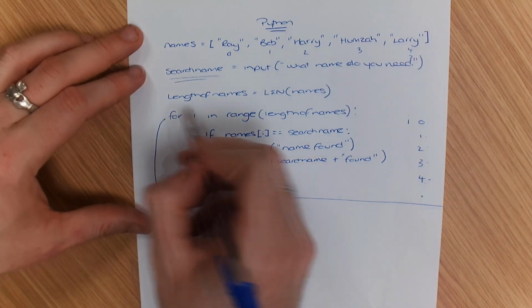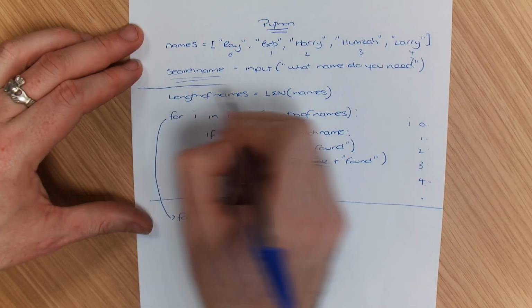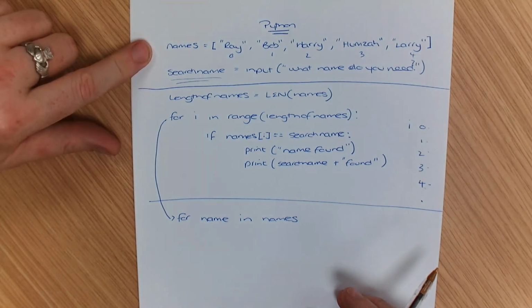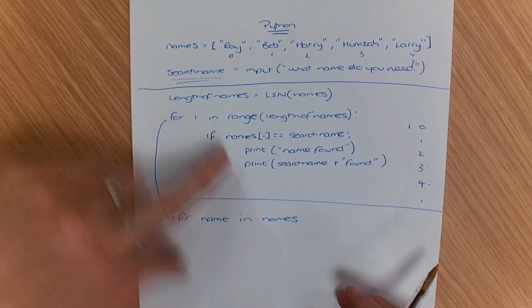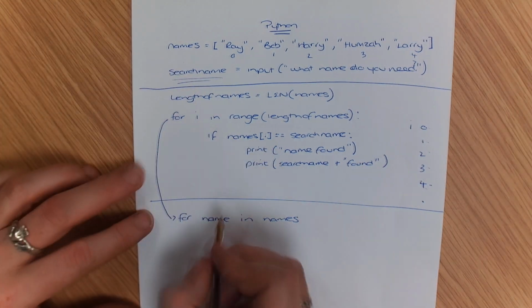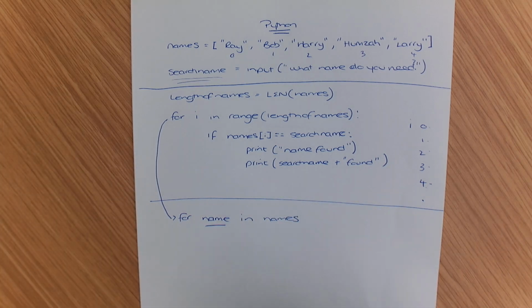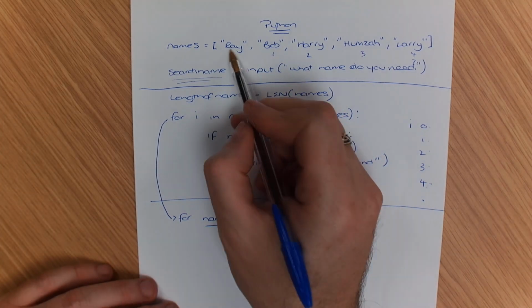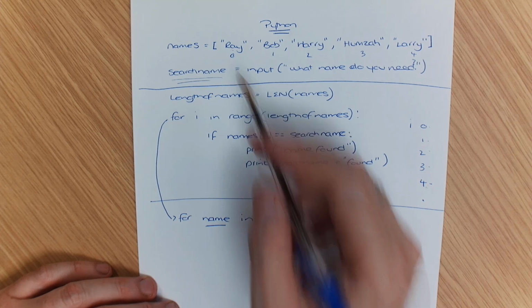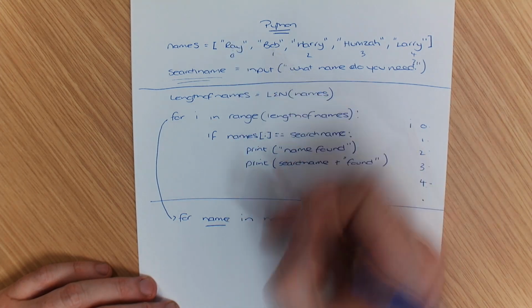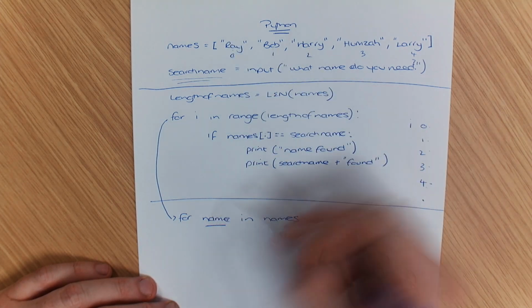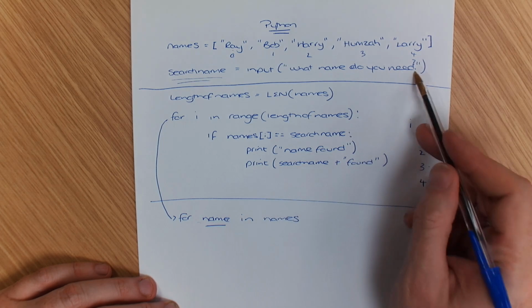Imagine all of that bit is originally there. Rather than using the index, name becomes the object that is in the list. So name would become Ray, then name would become Bob, name would become Harry, name would become Hamza, name would become Larry.